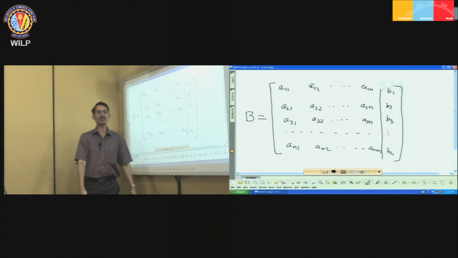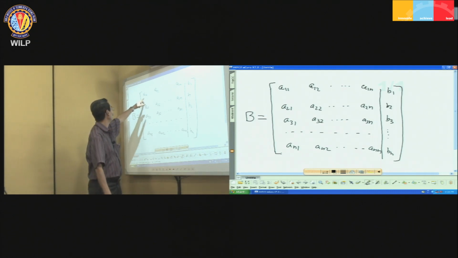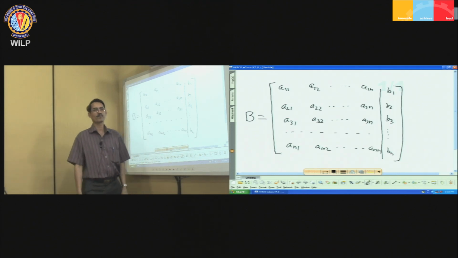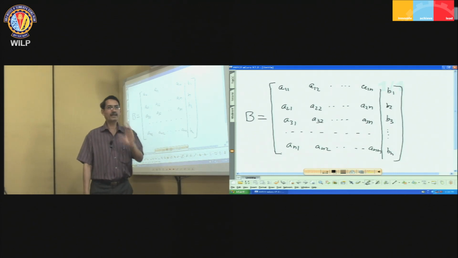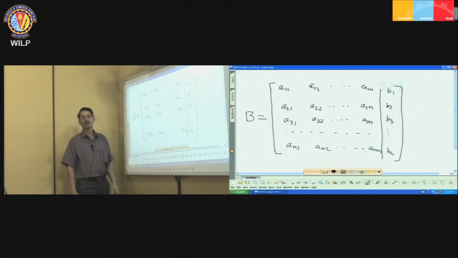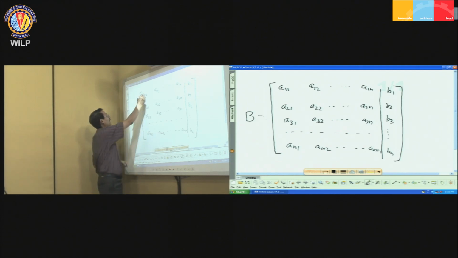Take the absolute values of A11, A21, A31, An1, and see which one is the largest. Suppose A31 is the numerically largest, then interchange the third and first rows. So this element will come here. The numerically largest value has to be brought to the position of A11.